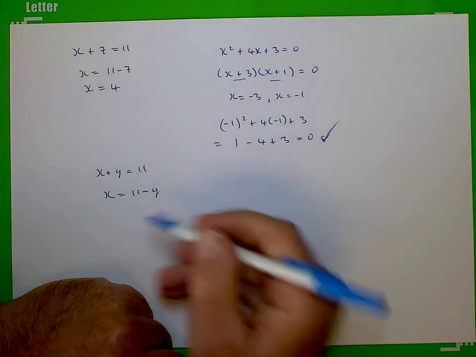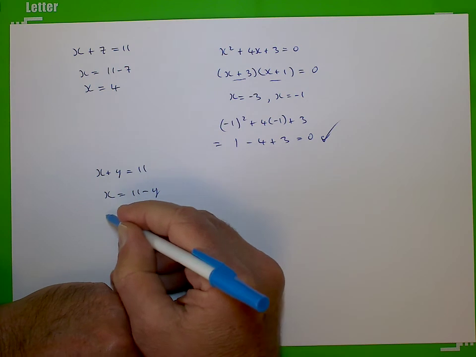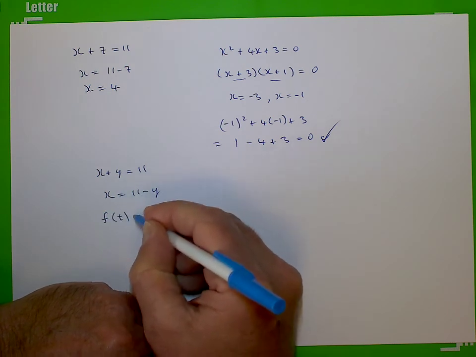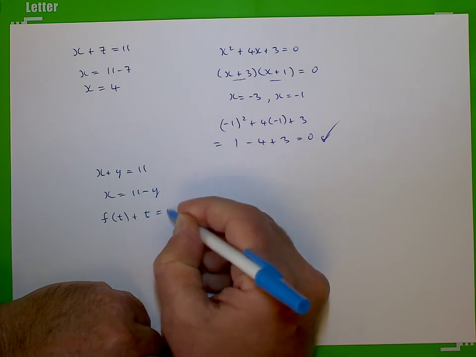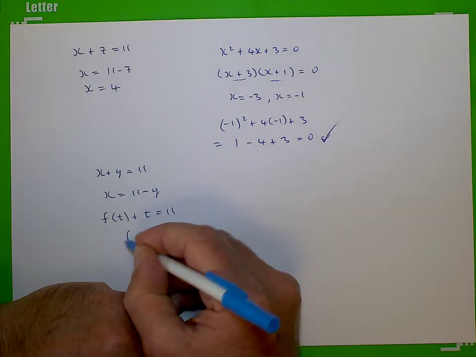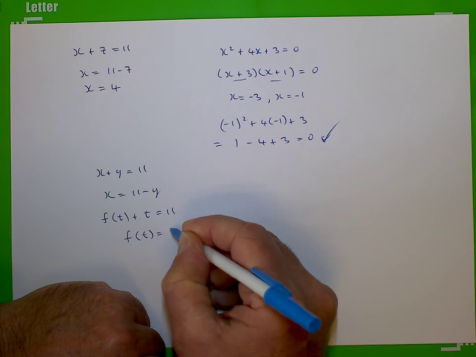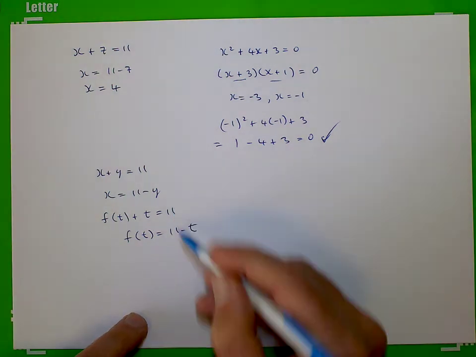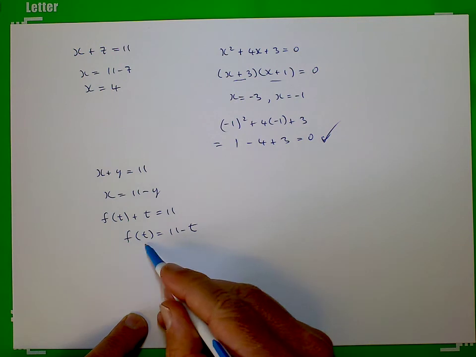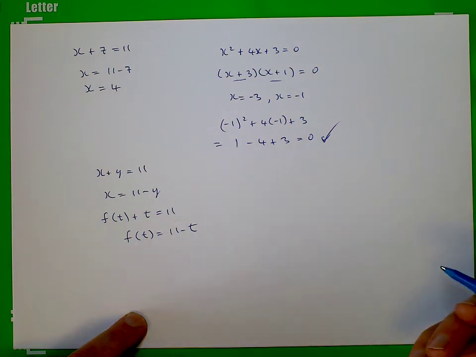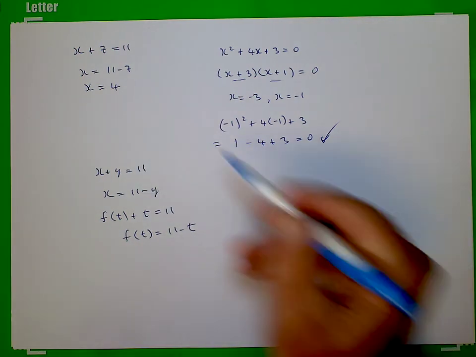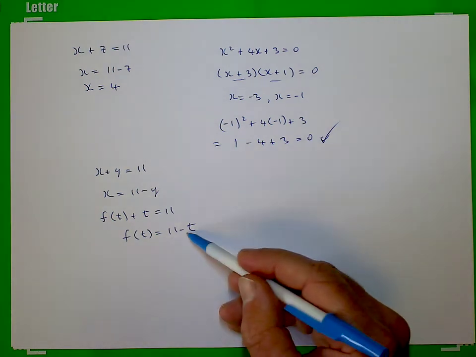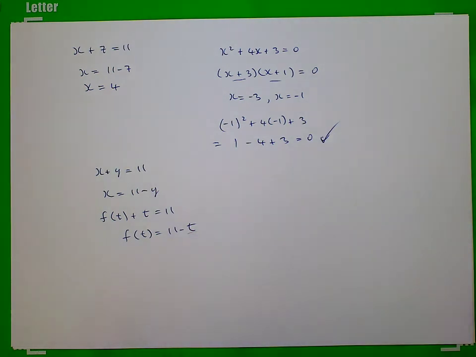Okay, so we might want to write this instead as, say, look, we've got a function f of t, say, f plus t equals 11, and then we can write f of t equals 11 minus t. In other words, for this equation, for any value of t, I can give you the function is given by 11 minus t. So now we have, instead of one solution there, two solutions here. Now we have an infinite number of solutions depending on what this value t is.